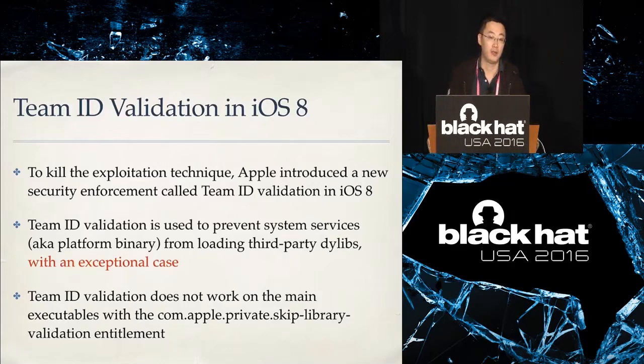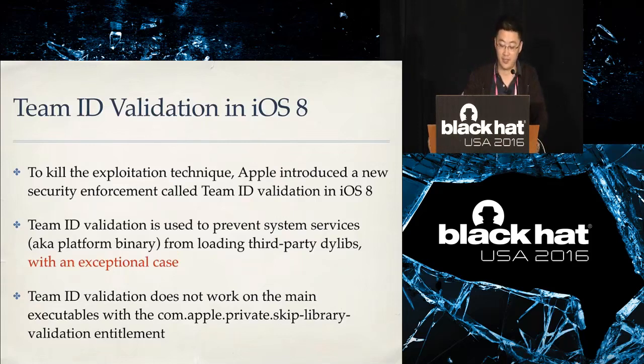And the kernel will check whether the ID of the main executable matches the ID of the library. If the main executable is created by Apple, but the library is created by a third party, in that case, the kernel won't allow the process to load that library. So basically, Team ID can prevent system services from loading third-party libraries.